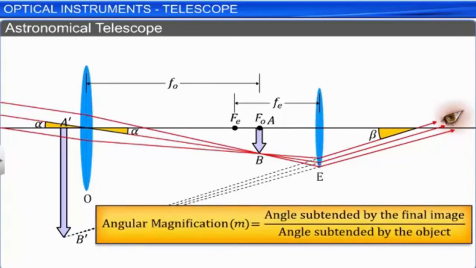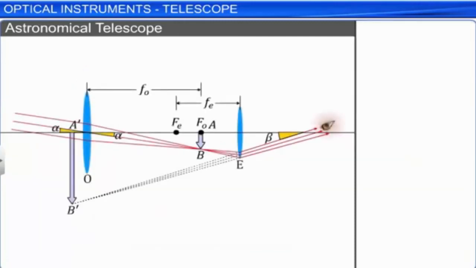Let us now derive an expression for the magnification of an astronomical telescope when it is set for normal adjustment. The telescope is said to be set for normal adjustment if the final image is formed at infinity. If the image AB is on the focal plane of the eyepiece, then the final image is formed at infinity.